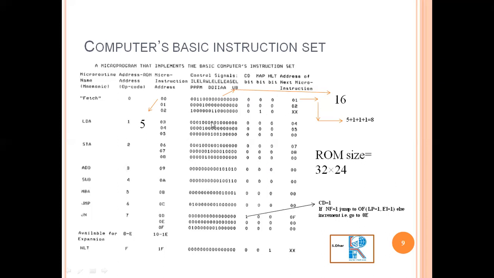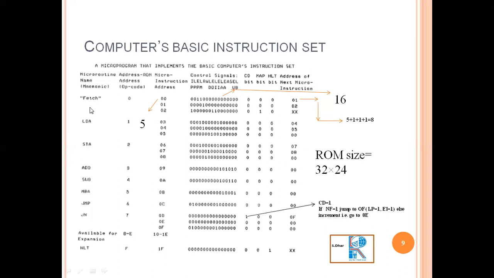Now, see here, this is the fetch. I have already discussed fetch. After address 02, after this instruction it will decode the instruction. So map bit means whatever address is written here, it will jump to that address. Suppose the instruction is STA.